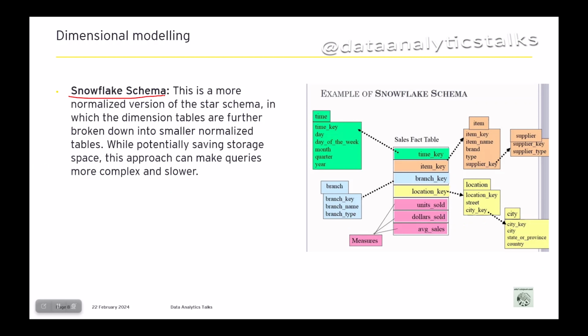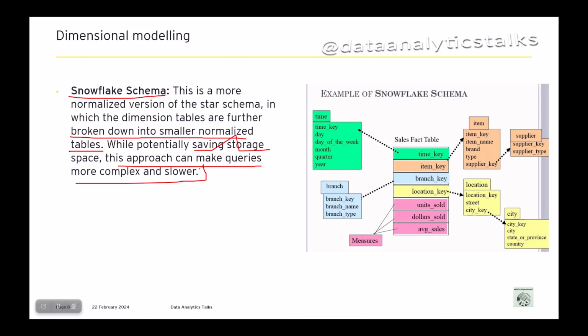What is a snowflake schema? This is a more normalized version of a star schema in which the dimension tables are further broken down into smaller normalized tables, while potentially saving storage space. This approach can make queries more complex and slower.